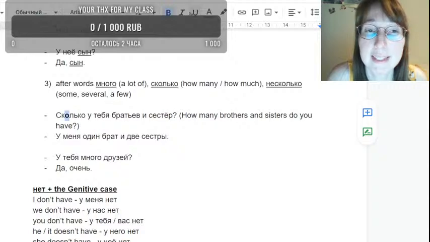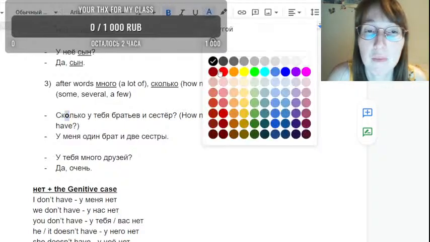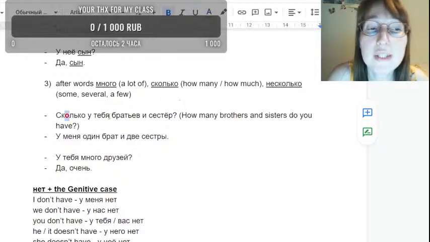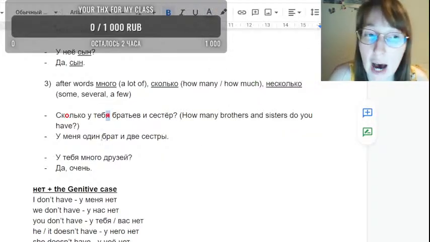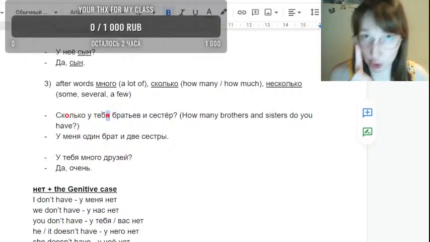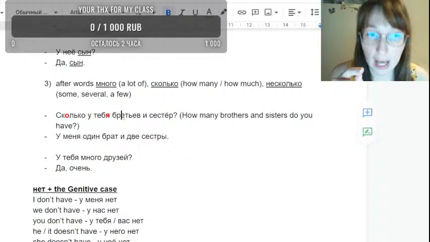Сколько у тебя, сколько means how many, у тебя, you have, but I don't use the word есть.